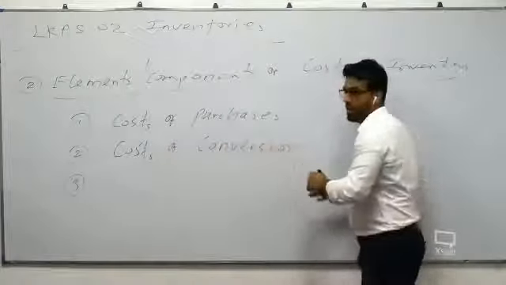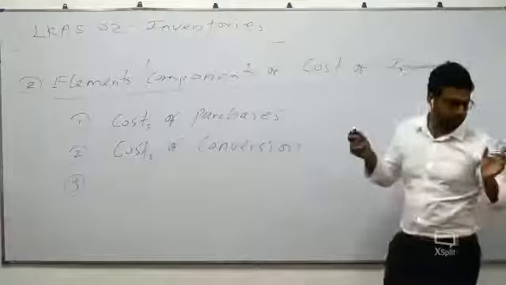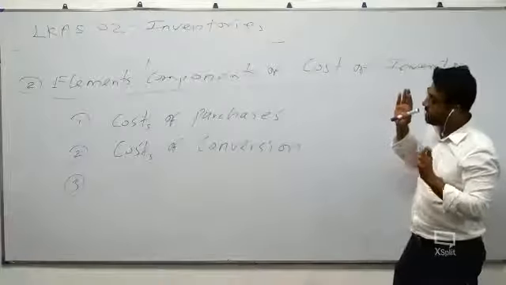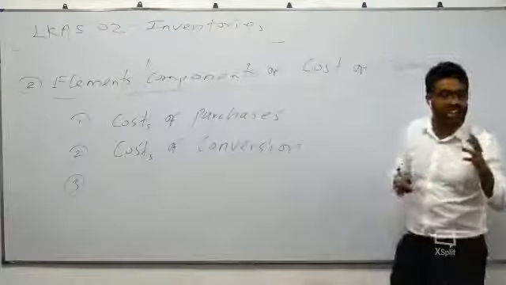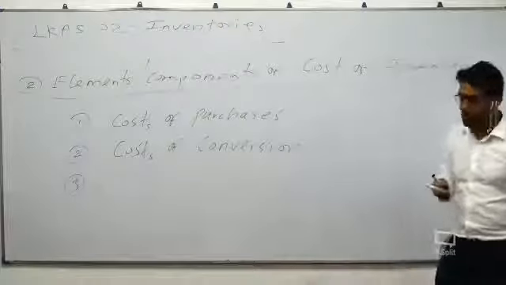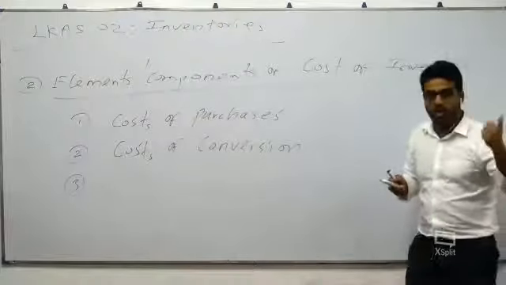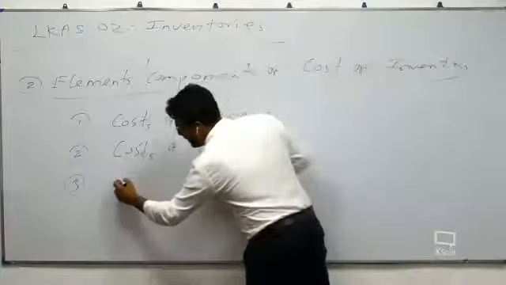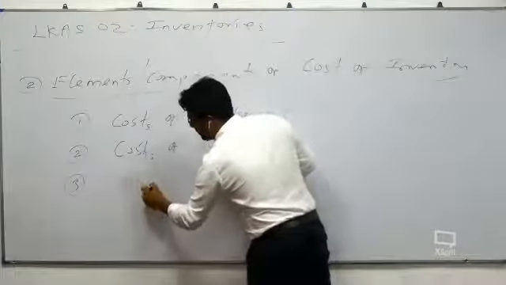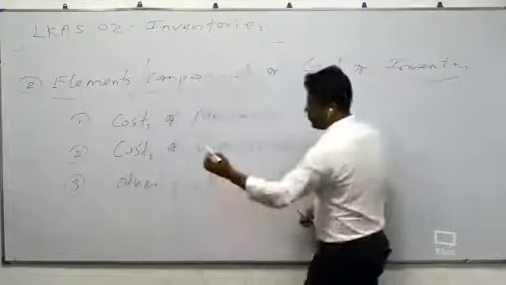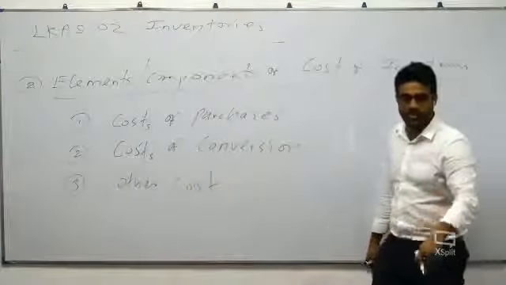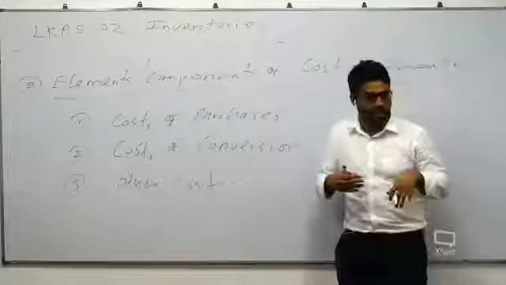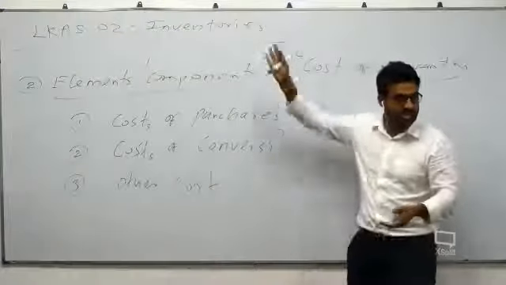Let me explain that. Don't worry about the cost of conversion, I'll explain. So inventory cost has 3 components: cost of purchase, cost of conversion, and other cost. Sometimes they ask standard questions. These are not my explanation.